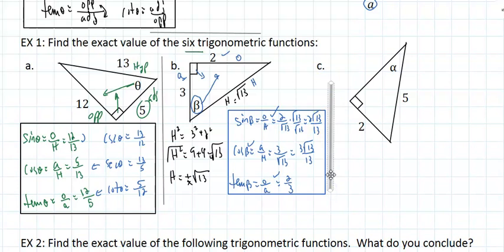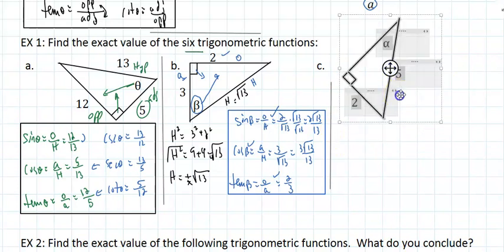And if I look at part C, I notice also they didn't give me all the sides. Well, I could figure out what the sides are. I could lift that up a bit. It gives me more space. Yeah, like that. There we go.